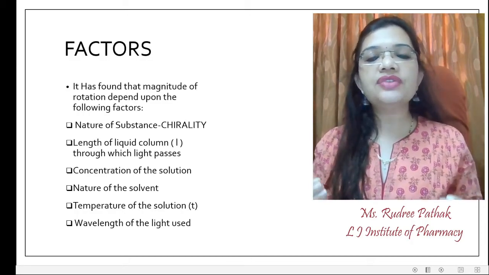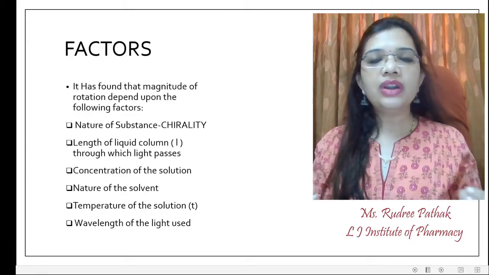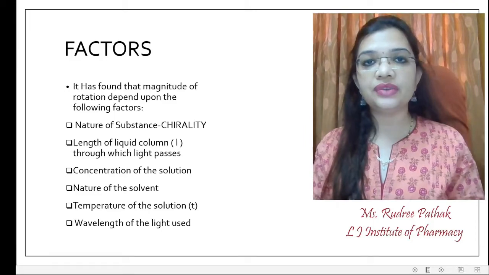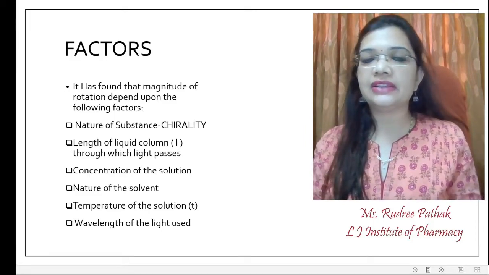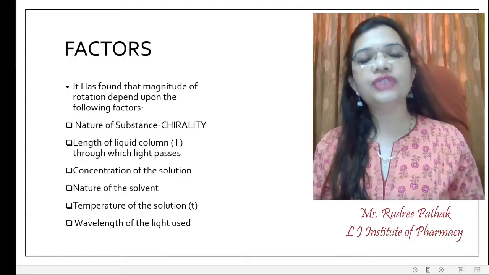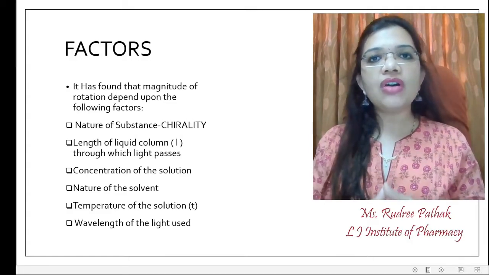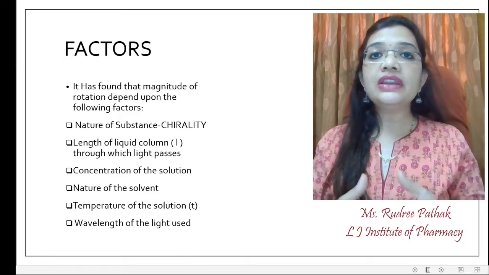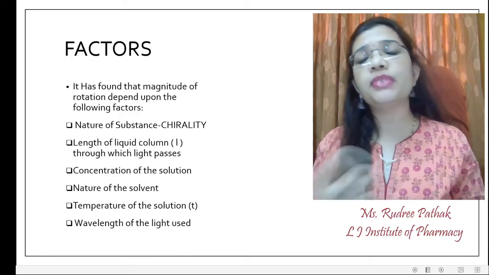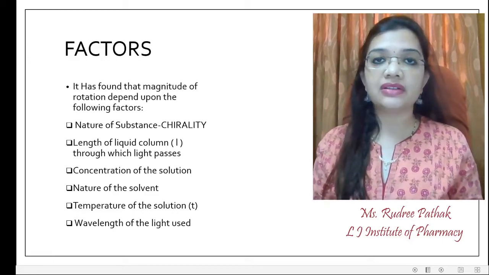Third is the concentration of solution. What amount of drug is dissolved in the solution and ultimately placed in the sample cell, that matters. Fourth is the nature of the solvent. For preparation of drug solution, what is the nature of the liquid that is utilized to prepare that solution, that matters.